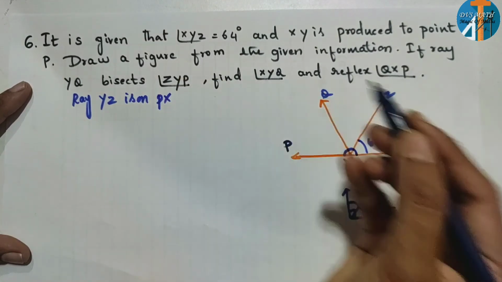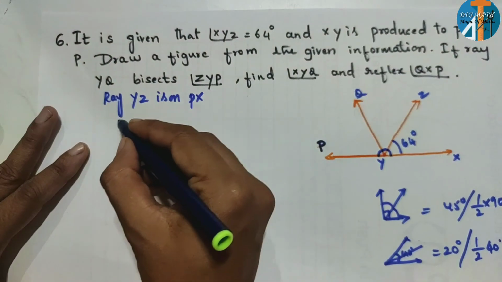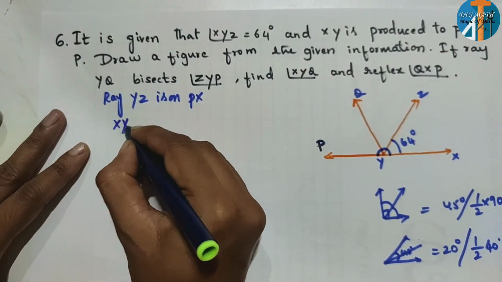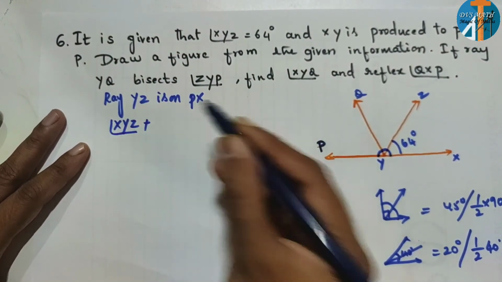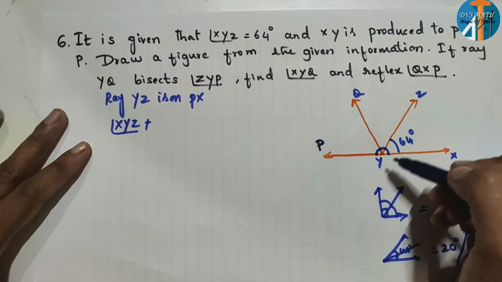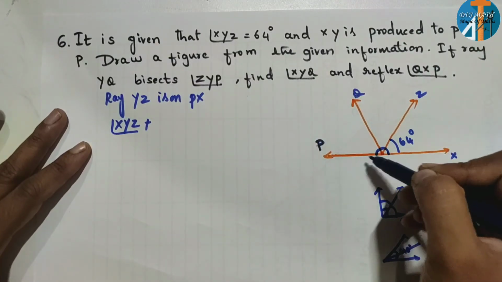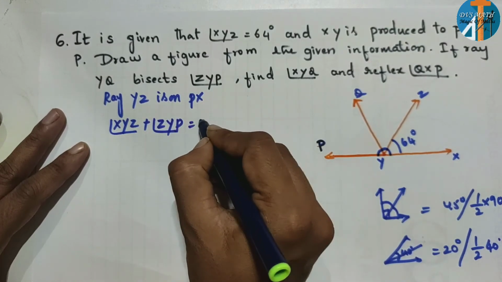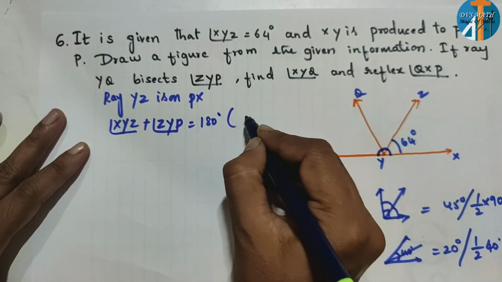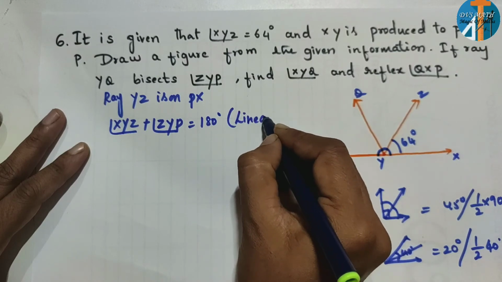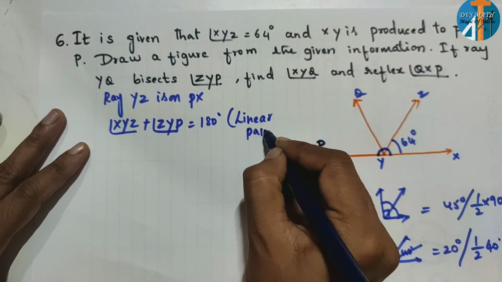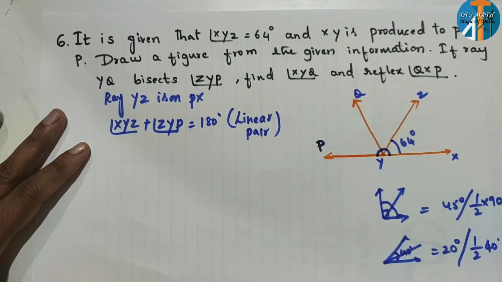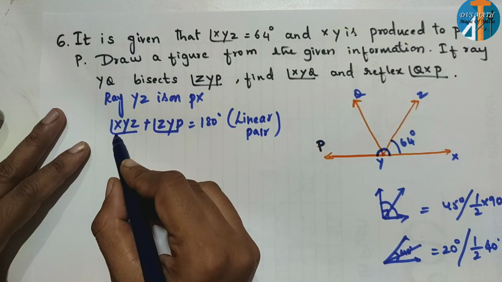So let us consider angle XYZ, and the remaining is ZYP. When you are writing, observe carefully, it is equal to 180 degree because it is a linear pair. The sum of two adjacent angles is equal to 180 degree.